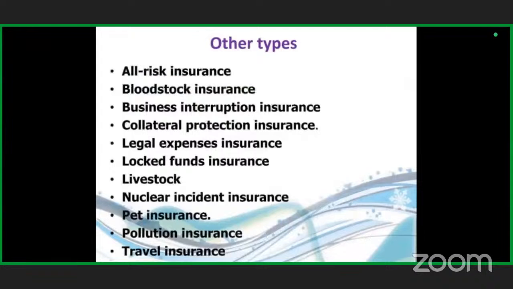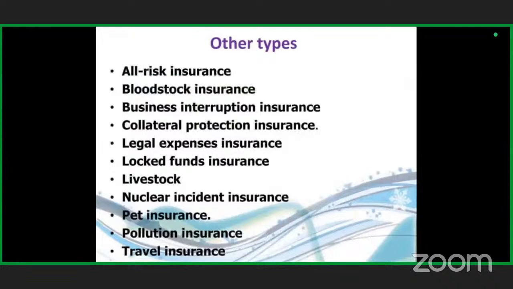Then other types of insurance are also available: all risk insurance, blood stock insurance, business interruption insurance, collateral protection insurance, legal expenses insurance, locked funds insurance, livestock insurance. Livestock means, for example, you have a poultry farm. All the chickens in the poultry farm are called livestock. If some disease comes and all the chickens die, that is covered.